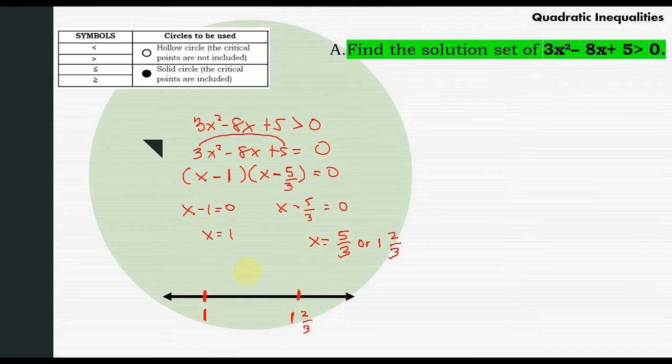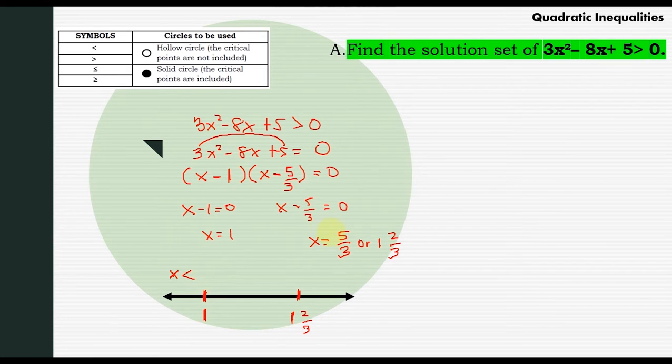Next, as you can see, we're going to create our intervals using the critical points. On the left side of our number line, the interval here is x less than 1, since our symbol has no equal sign.